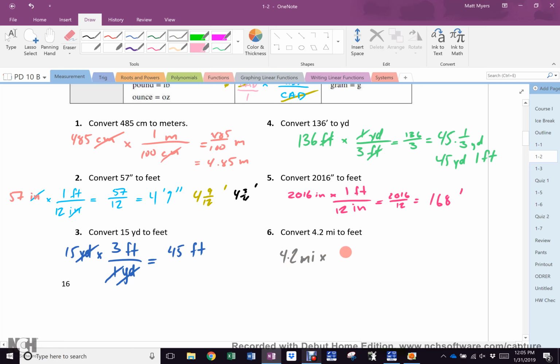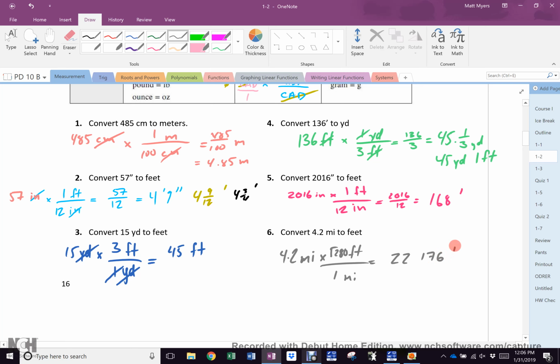I wish to convert it to feet, and I have miles. What numbers go where? 5,280 and 1. 5,280 times 4.2 is 22,176 feet. And it works out now, because you've got no decimals.